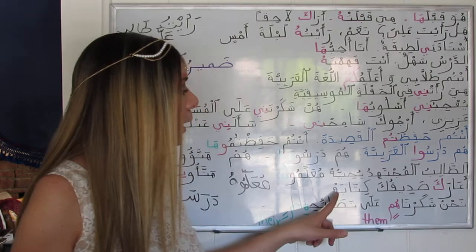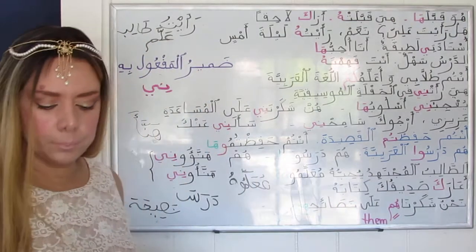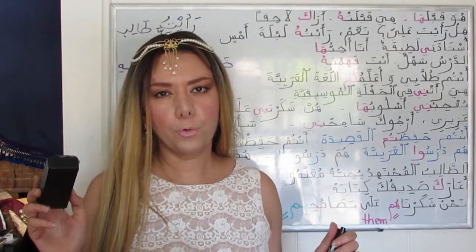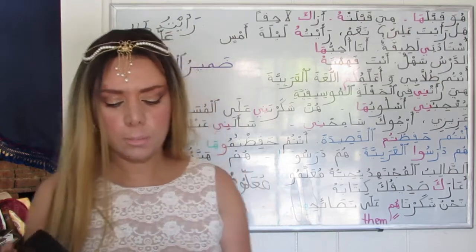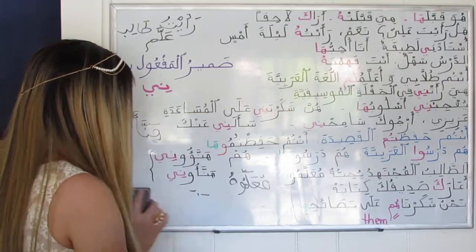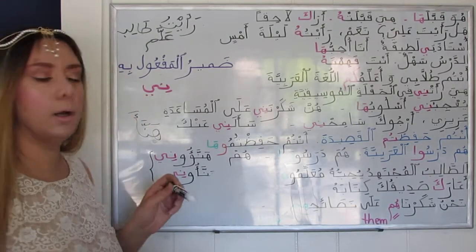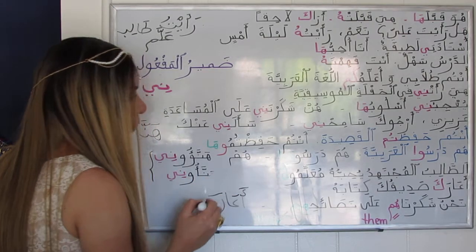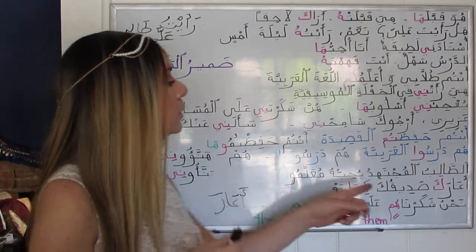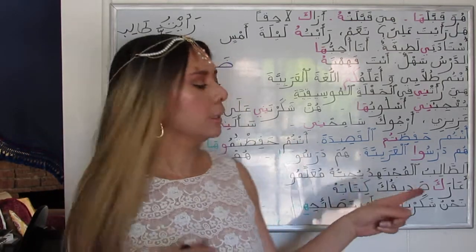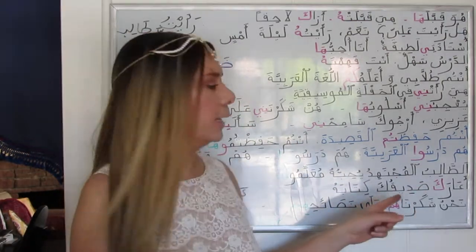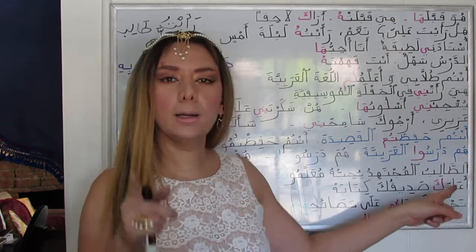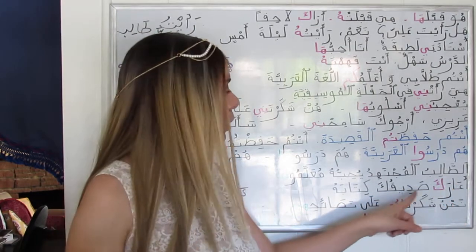أعارك صديقك كتابه. أعار is form four verb. It means to lend or to loan. أعار. أعارك صديقك. صديقك, your friend, lent you. أعارك, lent you.